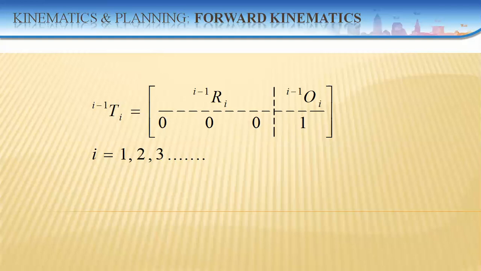So base frame in the sense here is origin position 0, 0, 0, and depending upon this i value we will be identifying the different kinds of links and their extension positions based upon their translations, that is sliding motions, or orientations or rotatory motions, leads to forward kinematics.